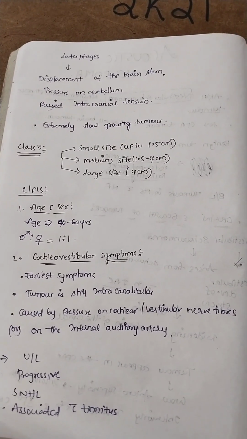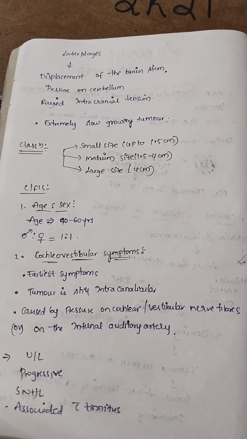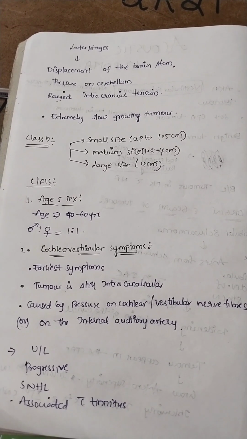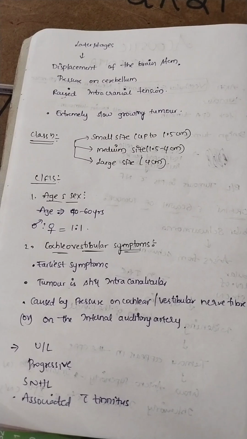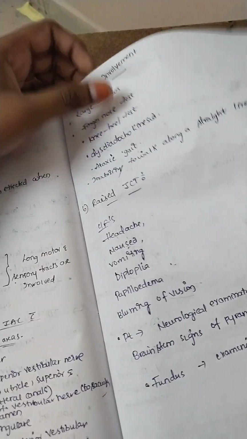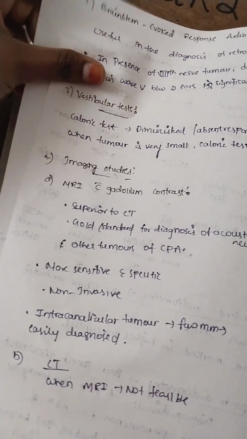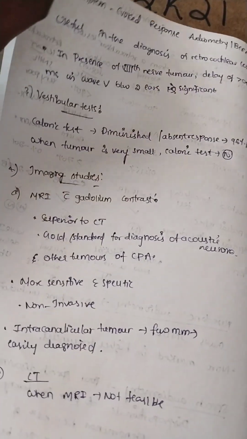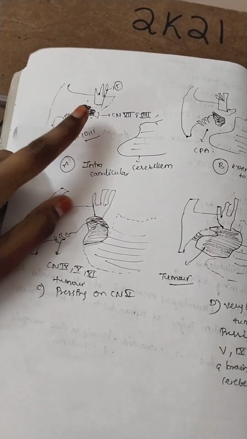And then cochleovestibular symptoms. The earliest symptoms will be when the tumor is still intracanalicular. As we see in the diagram also, the first picture is intracanalicular.